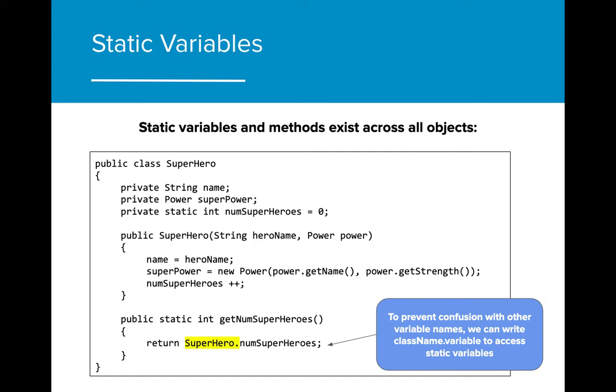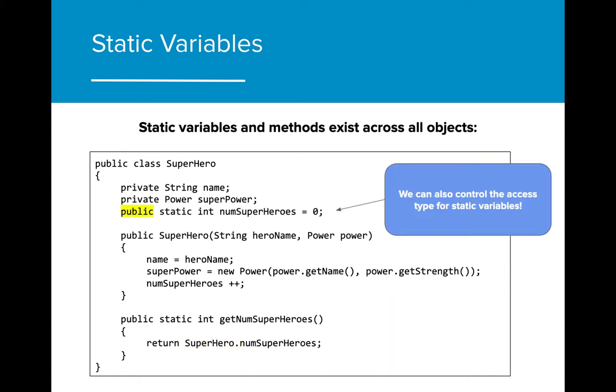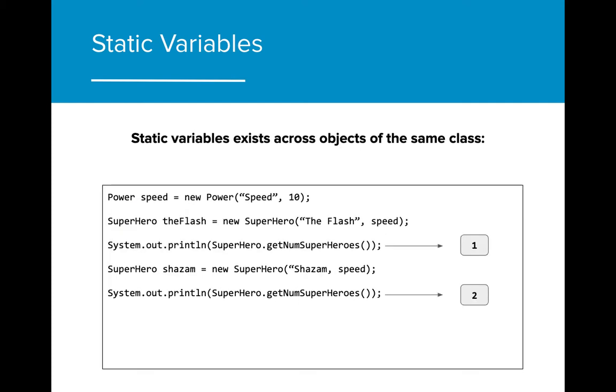If for some reason we had created another numSuperheroes variable, this notation helps indicate that the variable that is being called is the Superhero static variable, numSuperheroes, and not any other similarly named variable. It's also good to note that static variables can be both private and public, just like instance variables. By using a static variable, we are able to get the intended result.